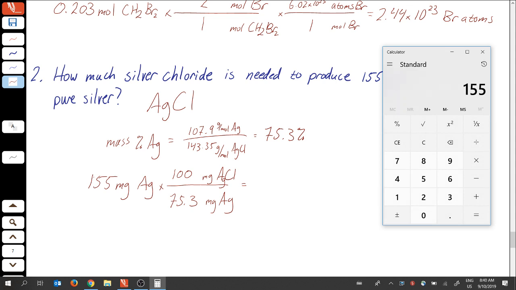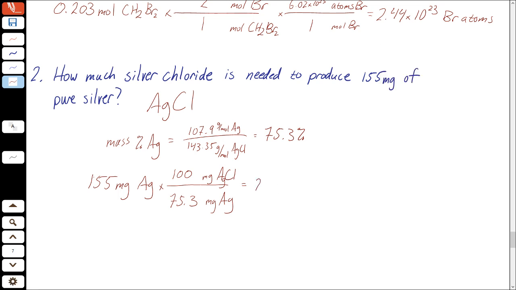So 155 times 100 divided by 75.3 is 205.8, or we'll say 206 since we've got three significant figures. So we need 206 milligrams of silver chloride to give 155 milligrams of silver. When you do problems like this, also always take a second at the end to stop and make sure that the answer makes sense.